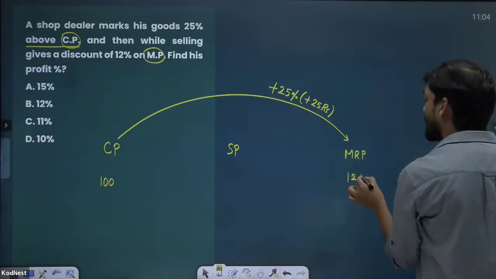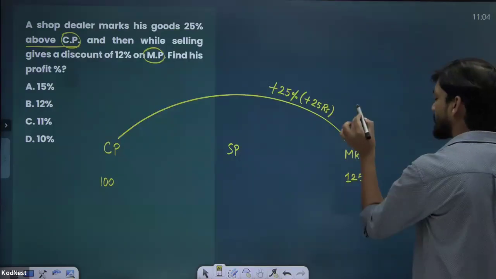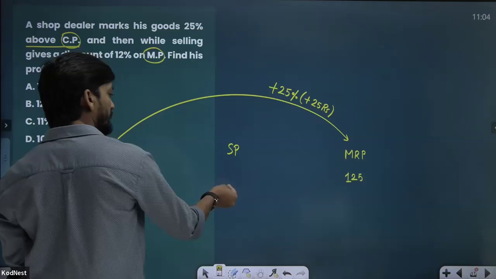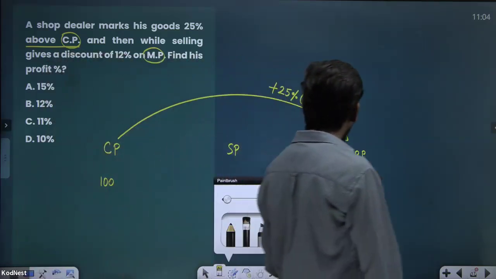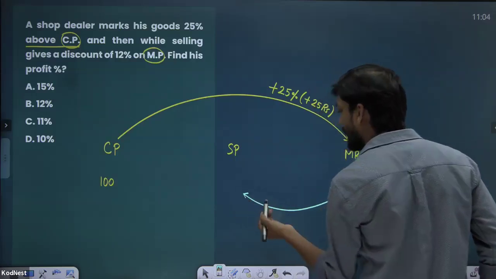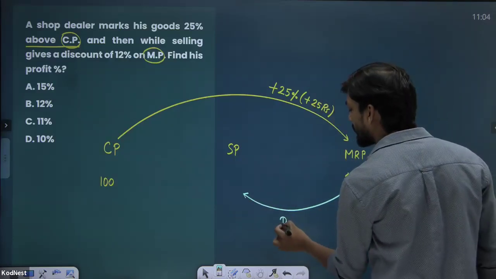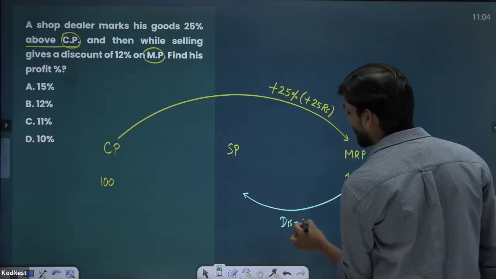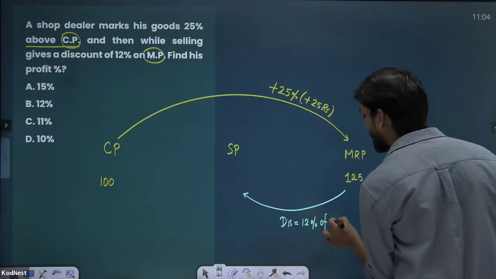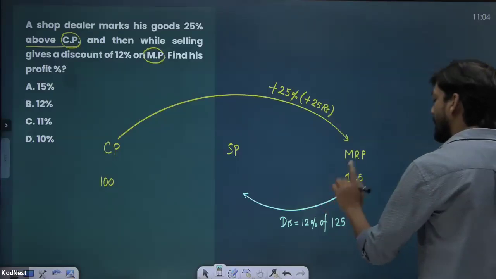So MRP we are putting as 125 rupees. On this we are giving a discount of 12%. So 12% of 125 we are giving as discount.